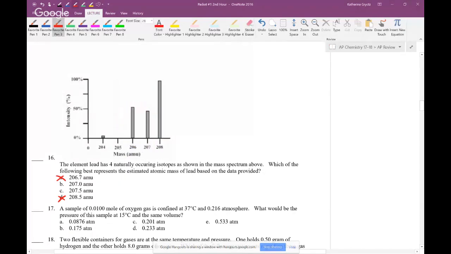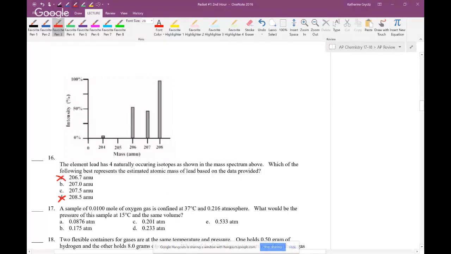Especially with all three of these. So 207.5 says that it would be directly between 207 and 208, halfway in between. But these account for more than the 208, so it's got to be a little bit shifted down this way.